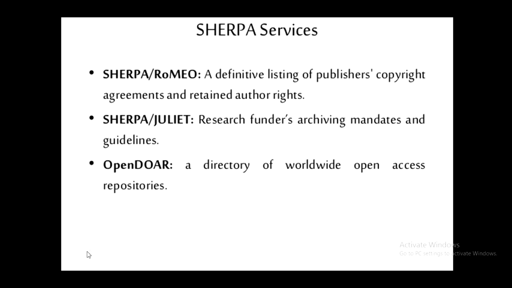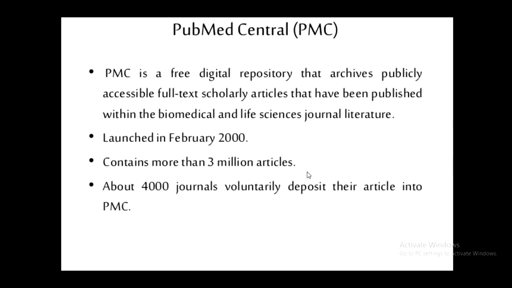What are the services of Sherpa? Sherpa Romeo, a definitive listing of publishers, copyright agreements and retained author rights. Sherpa Juliet is for research funders, archiving mandates and guidelines. Next one, OpenDOAR, a directory of worldwide open access repositories.